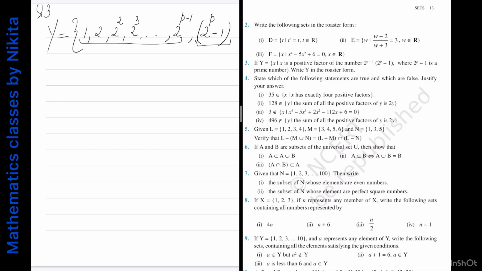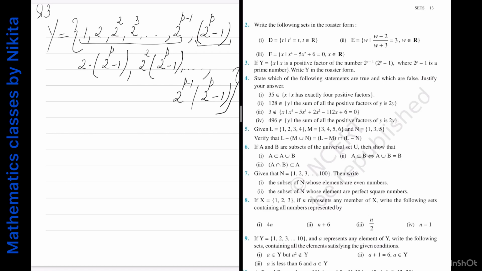So 1 into this number itself, which is already written in the set, then 2 into 2 to the power p minus 1. The next factor will be 2 square into 2 to the power p minus 1, and so on. The last one will be 2 to the power p minus 1 into 2 to the power p minus 1. So this is the complete set of factors of the given number.